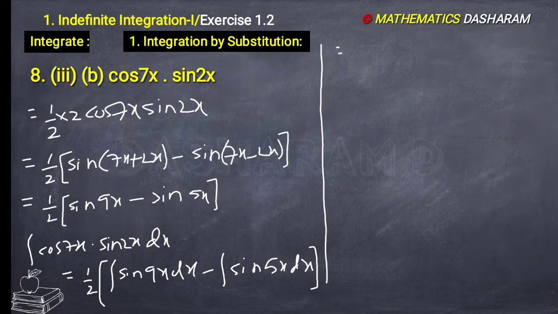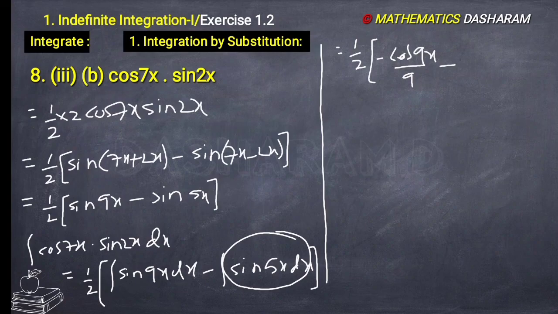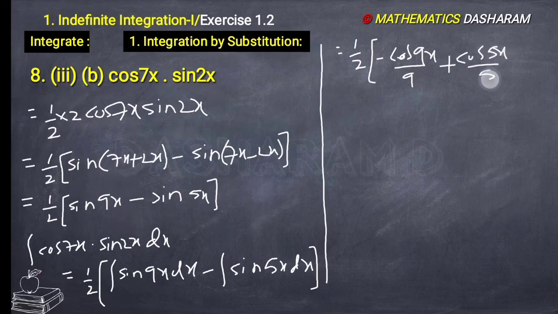Then it is equal to 1 by 2, integration of sin 9x is minus cos 9x divided by 9 minus, and integration of sin 5x is minus cos 5x by 5, so minus plus cos 5x by 5, and add one constant c.